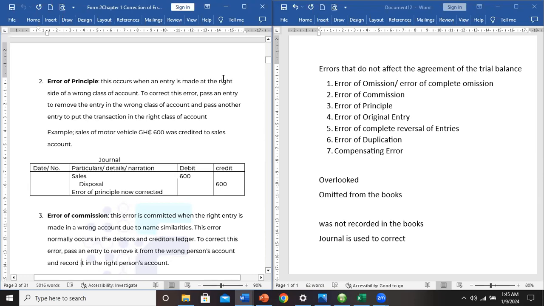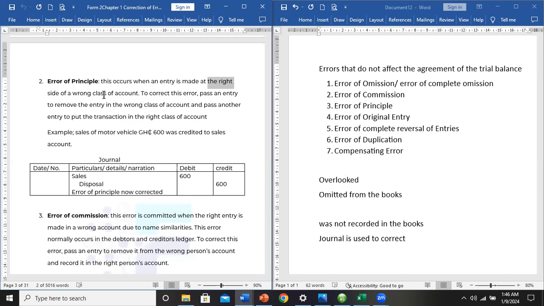So what I want you to pay attention to is that the entry is made at the right side of a wrong class of account. The error here is that the bookkeeper did the debit and the credit correct, just that he or she did it in the wrong class of account.